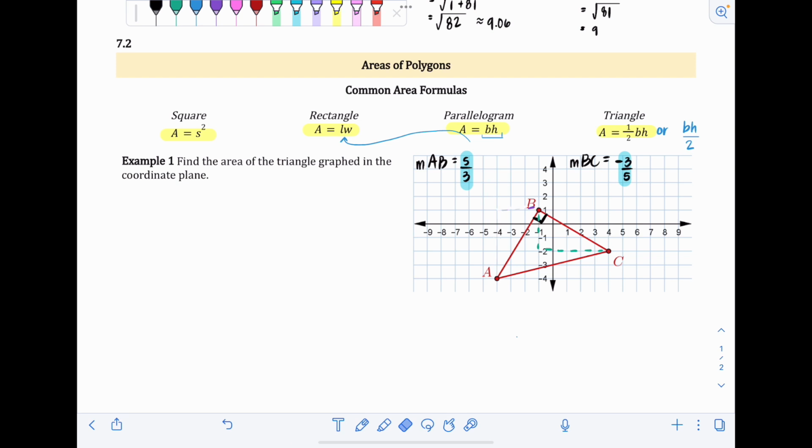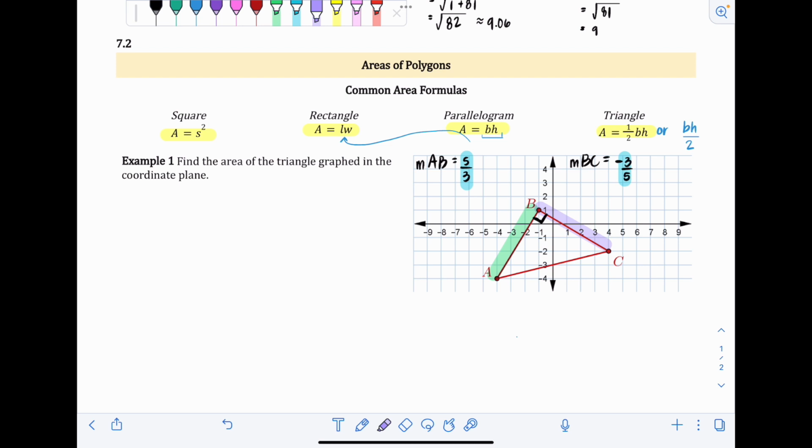So we've confirmed that angle B is a right angle. So that means that now AB and BC can be our base and our height. And it really doesn't matter which is which because we're going to multiply them together. It just means that we have to find those segments. Those are the ones we have to find. We don't need to find AC because that's not the base or the height.